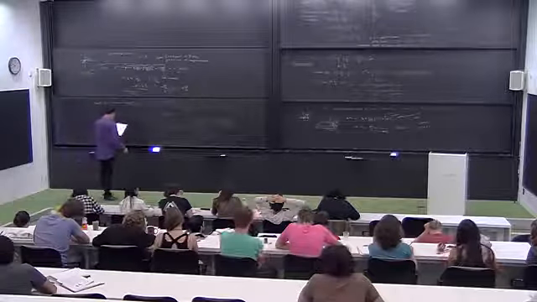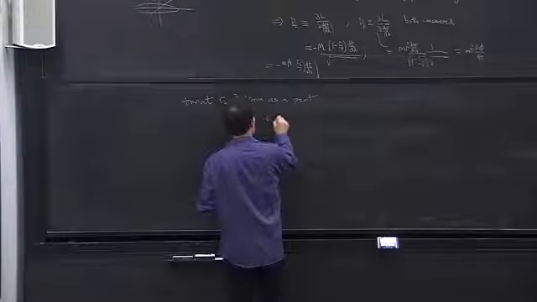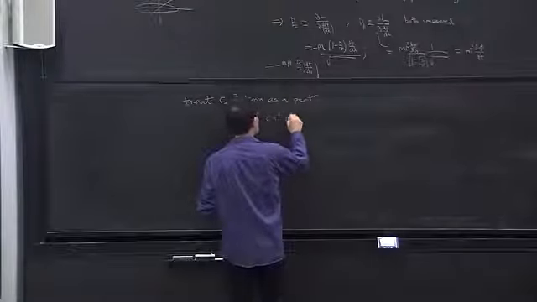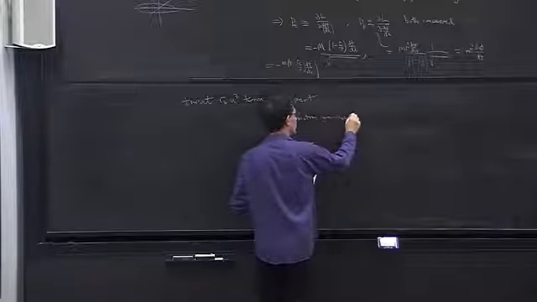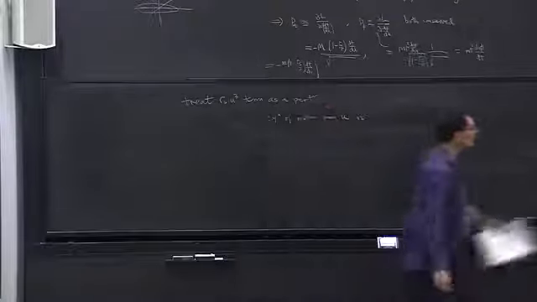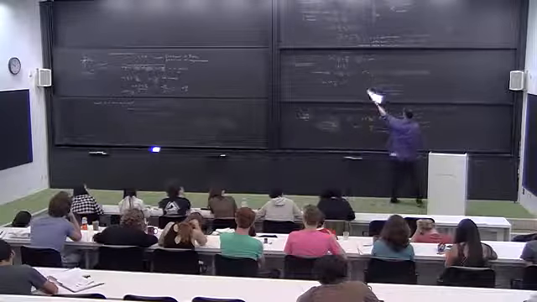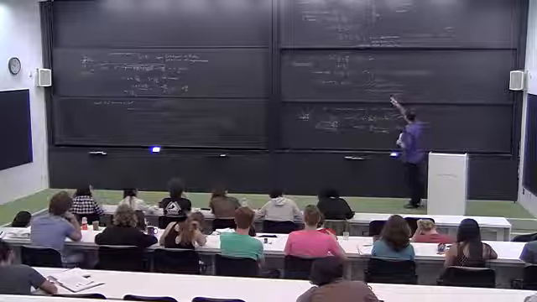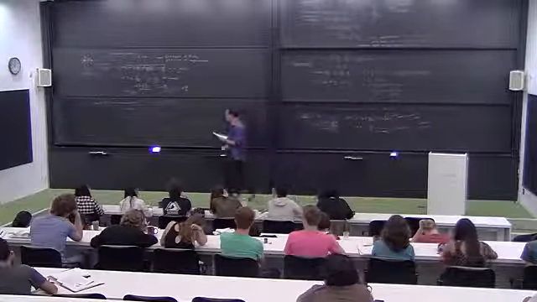If we work out the equation of motion for u, this is like an energy equation, right? This is the conservation of energy for u. But to get the equation of motion, we just have to differentiate it.